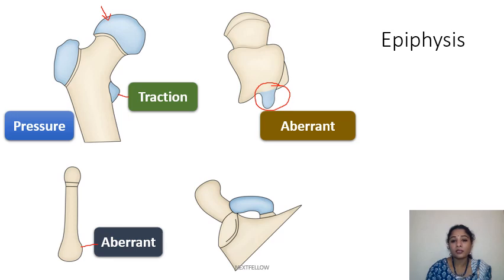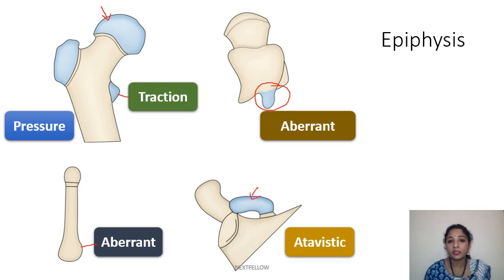The next and last variety of epiphysis is the atavistic epiphysis. So here we can see the atavistic epiphysis, and these types of epiphysis are bones fused with a normal larger bone. Developmentally it is actually a separate bone, but later it fuses with the principal bone.